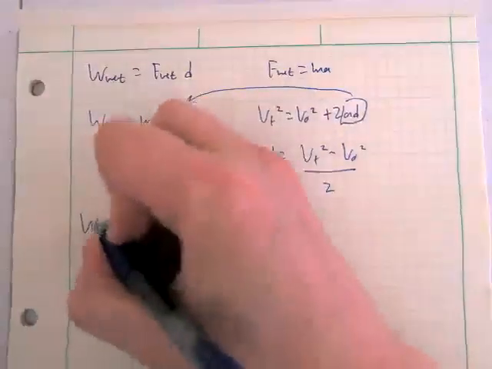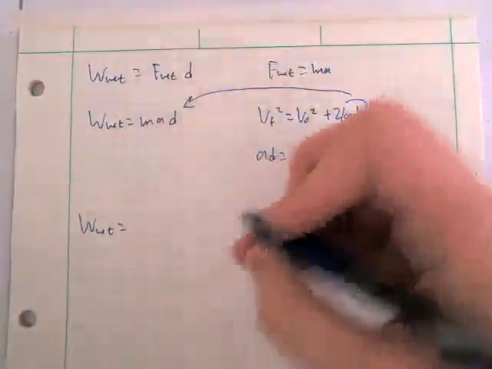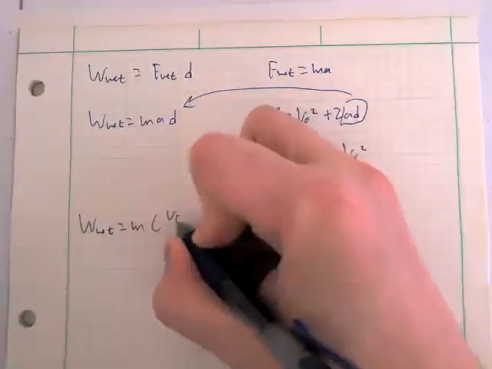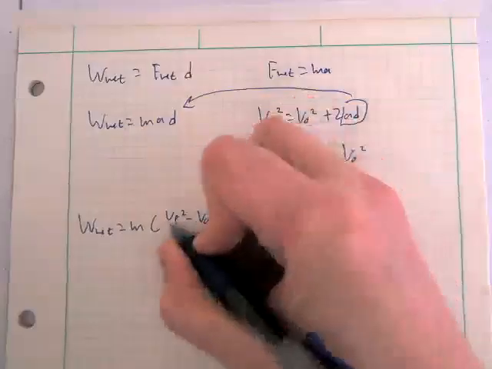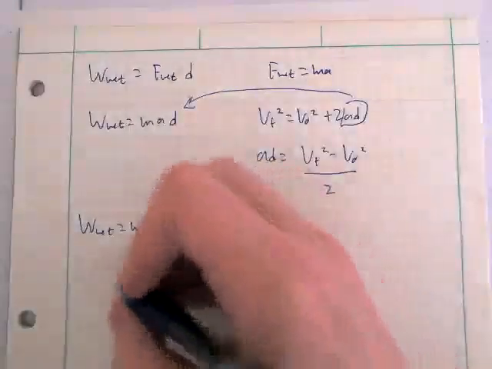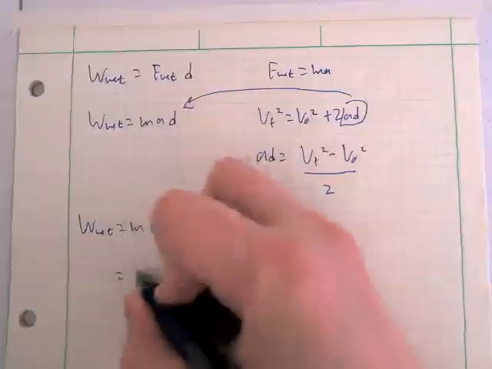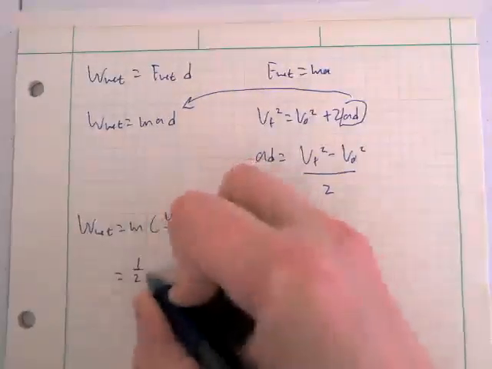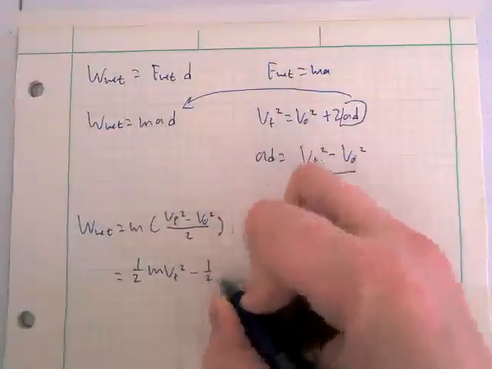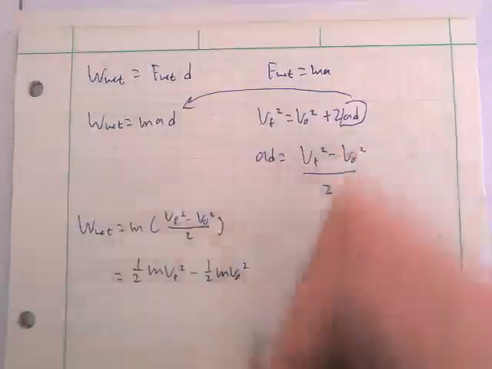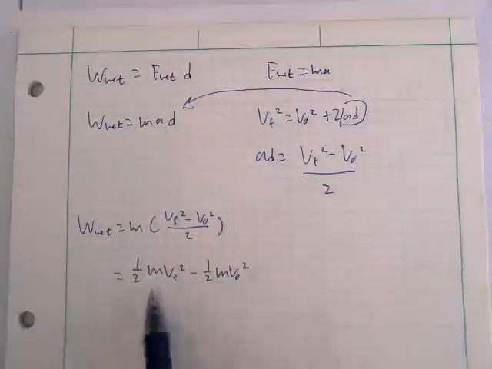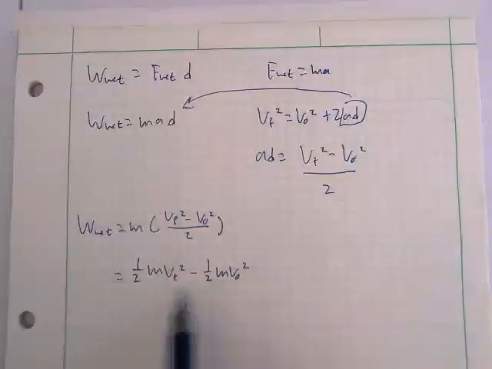So let's plug that in. The net work is now equal to m times v final squared minus v initial squared divided by 2. Or we can rewrite this a little bit more organized. We can say the net work done is equal to 1/2 m v final squared minus 1/2 m v initial squared. So what does this look like now? This looks like some sort of change in this value, right?